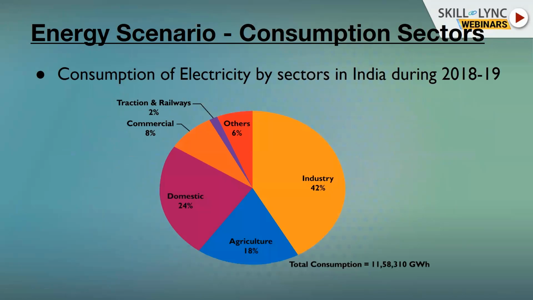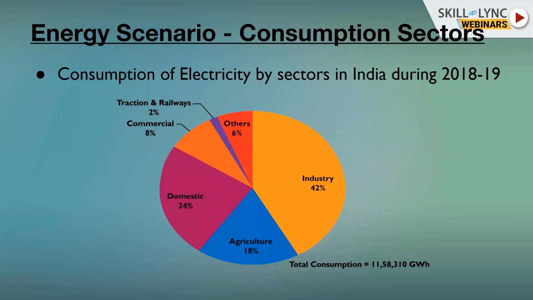Here we are seeing the electricity by sectors, and here they have given the country, India. Since India is a developing country, where are we utilizing this electricity? You can see here that for industrial we are using 42% of the electricity, and for agriculture we are using 18%, and for domestic purposes, that is our homes and as well as the commercial buildings, they are using 24%, and for a few commercials they are using 8%, and at last you can see the traction and the railways.